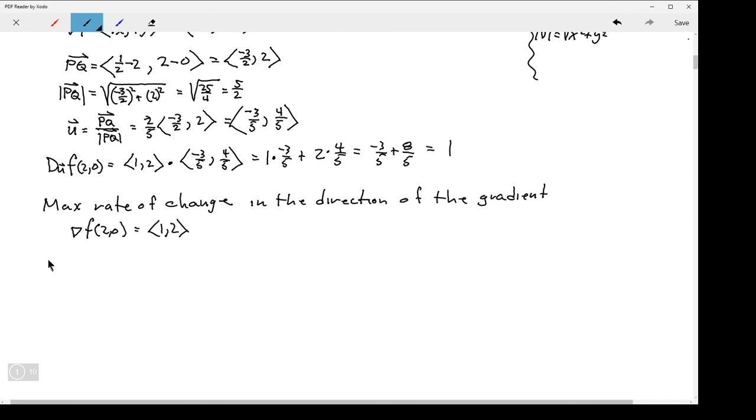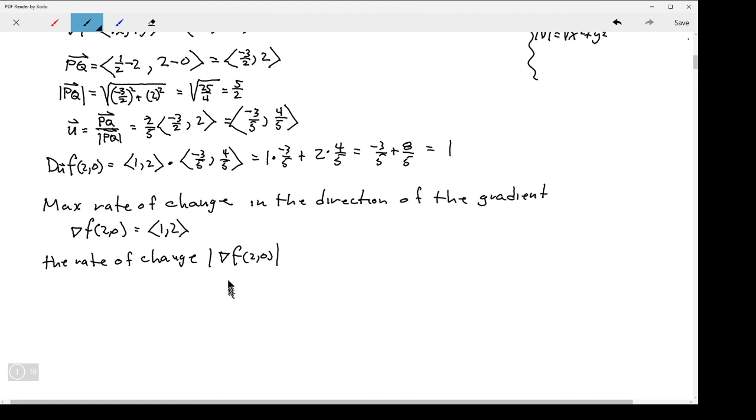The actual rate of change is going to be the magnitude of the gradient at that point.